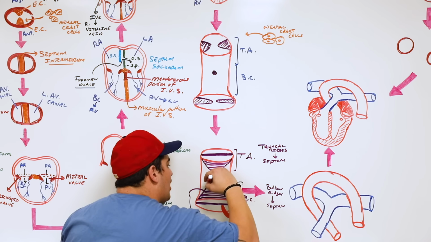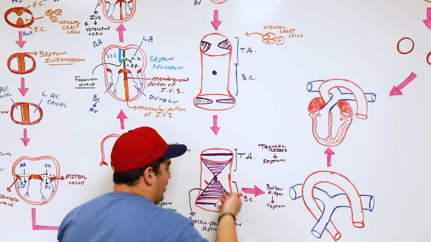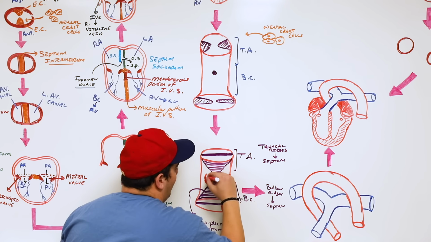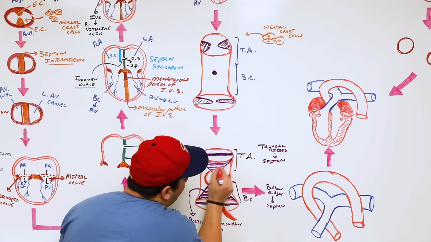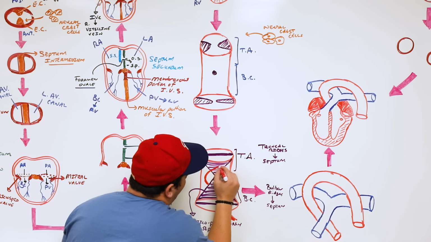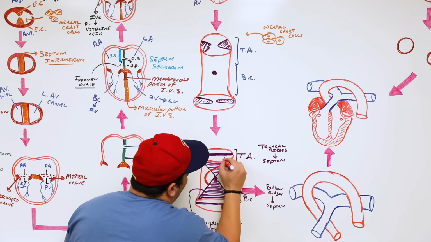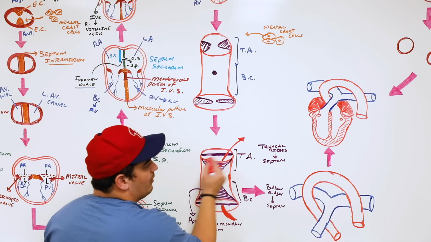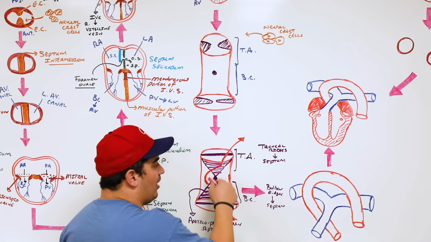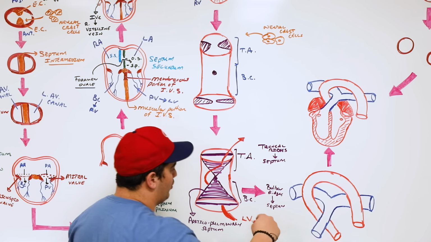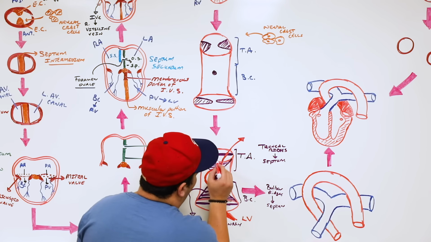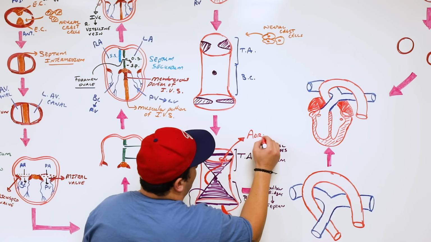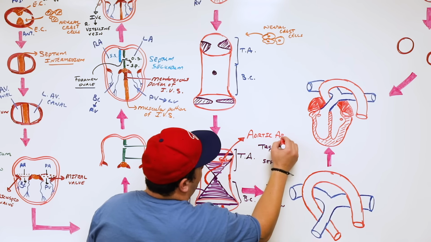When it moves under it, it comes out from here like this. It then moves over the top part of this aortico-pulmonary septum and out through this anterior portion formed by that truncal septum. So this blood flow coming from the left ventricle, coming up through this front portion, is going to give way to the aortic arch.